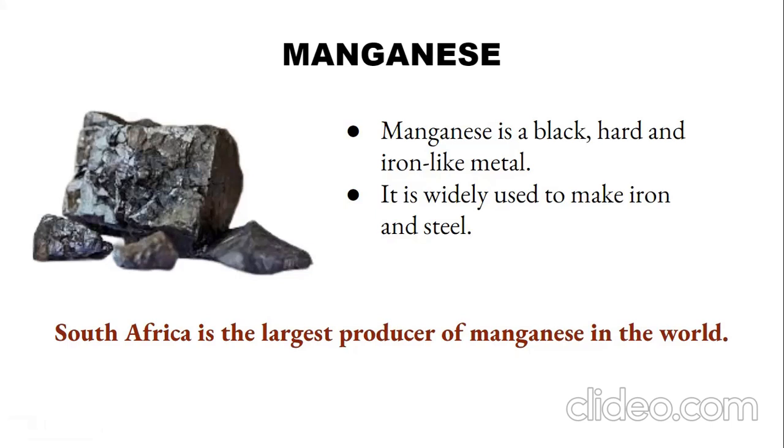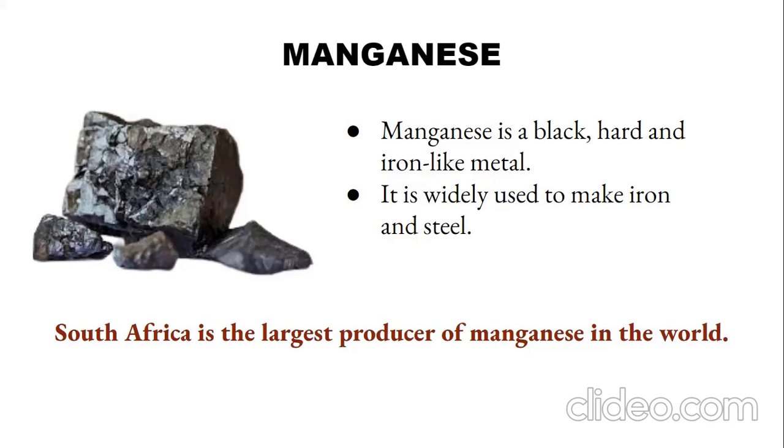It is also used to make alloys, chemicals, bleaching powder. We all use bleaching powder at home to clean our tiles and bathrooms, right? Also dry batteries and matches. Manganese is also used as a coloring material for pottery, glass, and tiles.